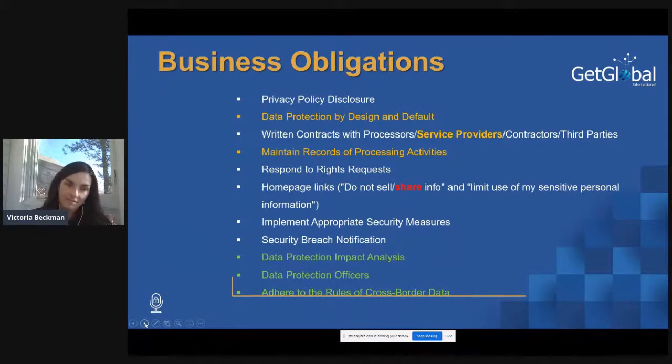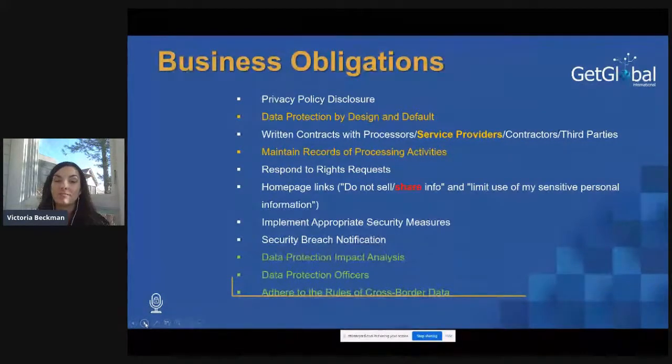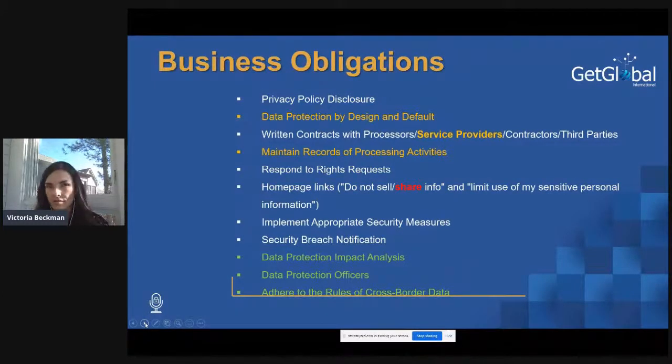As I mentioned, neither of the laws has the requirement to do a DPIA, or data protection impact analysis. It doesn't require data protection officers, and it doesn't mention anything about cross-border data.